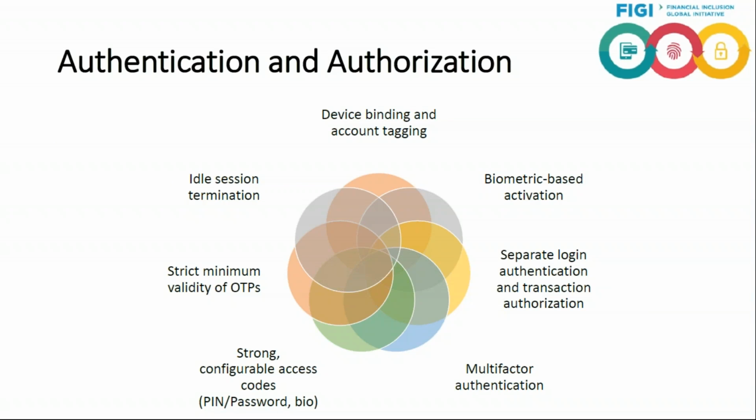When we shared this with our industry for feedback, there were comments that this would hamper the user experience, because if I have an app tagged with my device with device binding functionality, maybe I would not be able to use the app on some other phone. But this is one of the mechanisms for step-up authentication. It's a passive contextual authentication, as they call it.